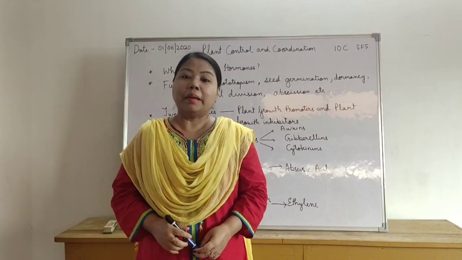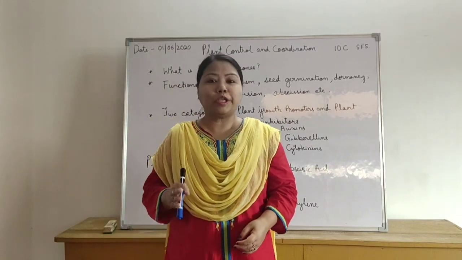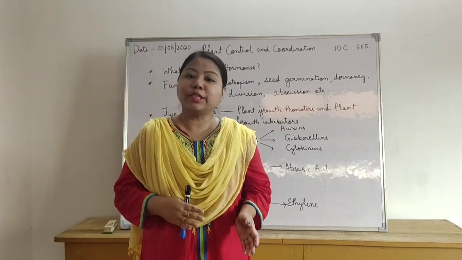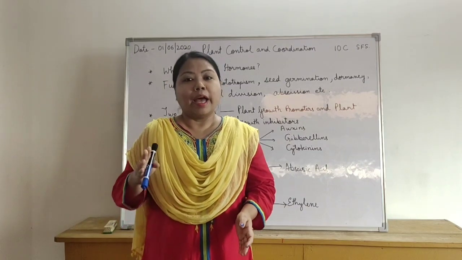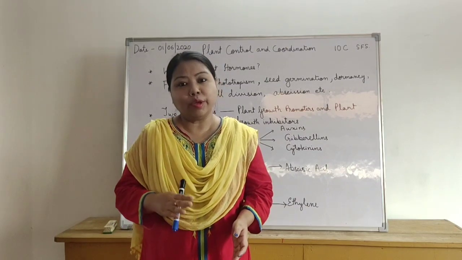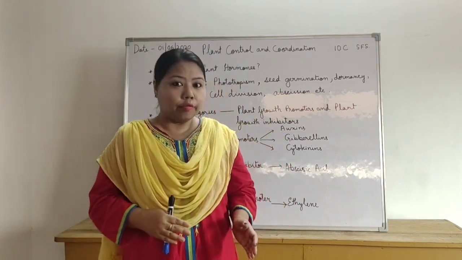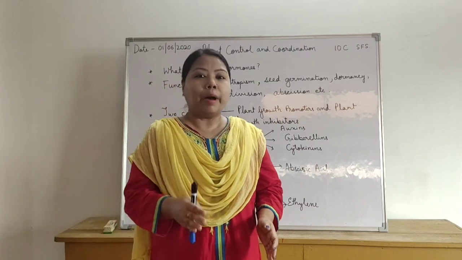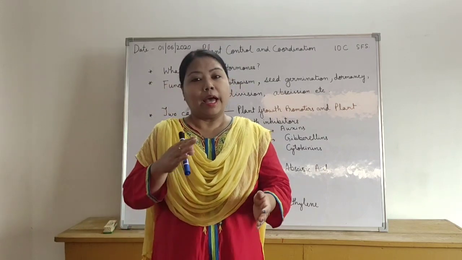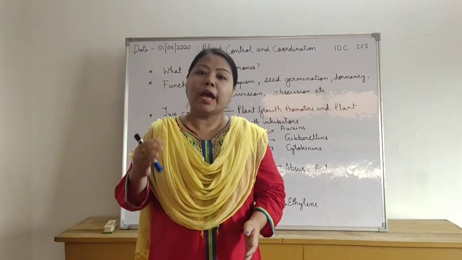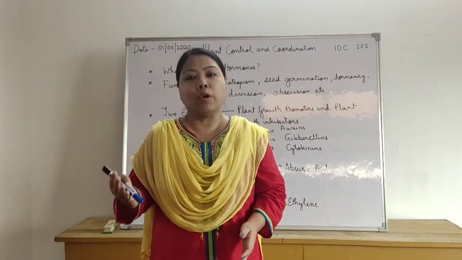Yes? Plants do not have any specialized tissues like the nervous tissues as it is found in animals. Animals have a nervous system with the help of which they transmit information from one part of the body to another. Apart from the nervous system, the animal body also has the endocrine system, which has glands to secrete hormones.